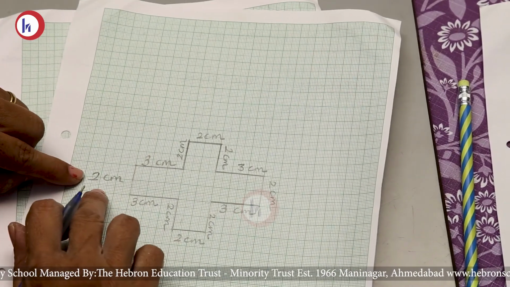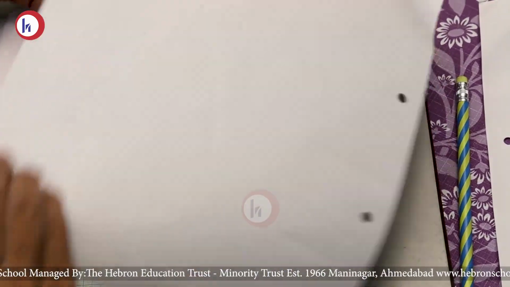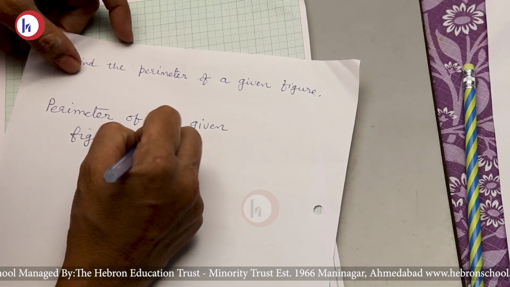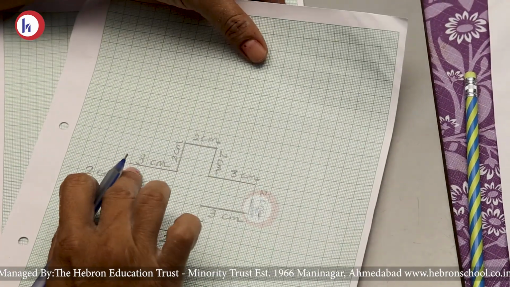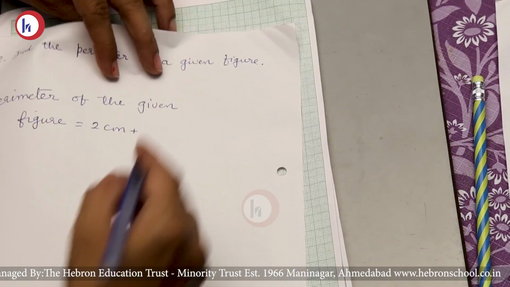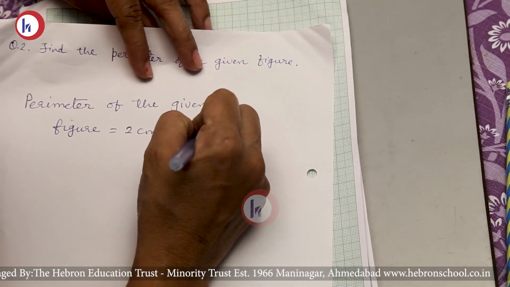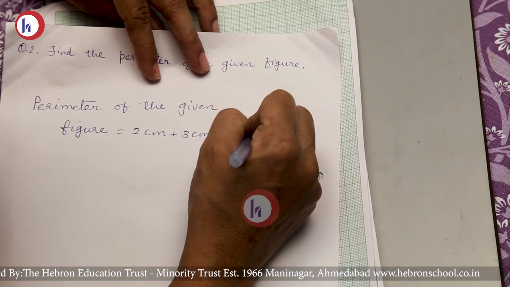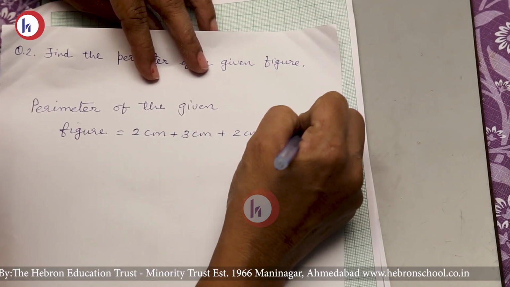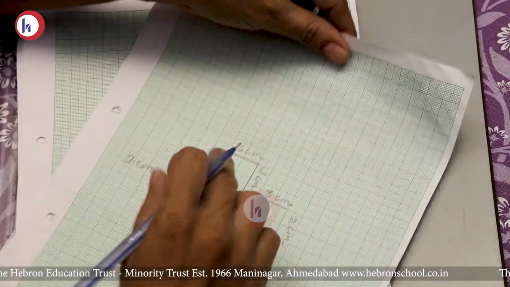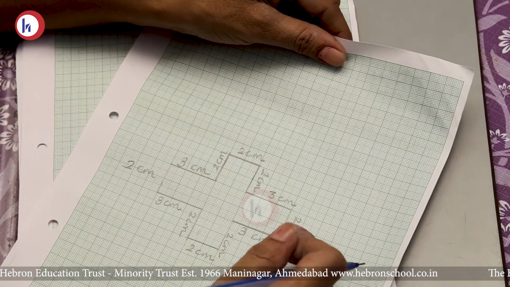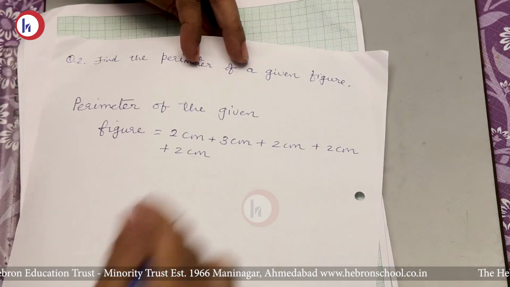So we are going to start from here from 2 centimeter. 2 centimeter, then okay, forgot, no problem. 3 centimeter. Plus 2 centimeter, plus 2 centimeter, plus 2 centimeter. Then 3, 2, 3.